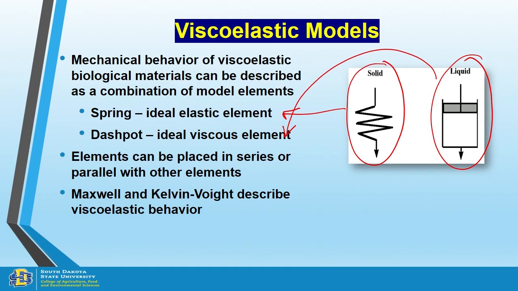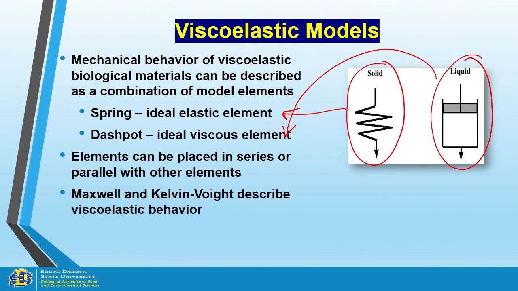So there were two people who described this phenomenon. Maxwell was the person who said solid and liquid will go in series. So this is spring, this is dashpot. They will go one below the other. That's called stress relaxation.